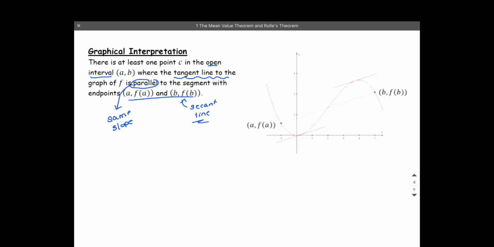Okay, and here's a picture to remind you that the slope of this secant is the same as the slope of this tangent and is also the same as the slope of this tangent. So in this particular case, we have two values where this works. Okay?